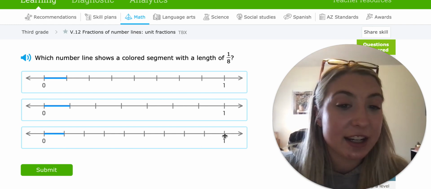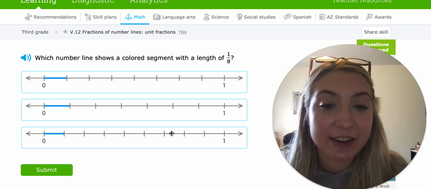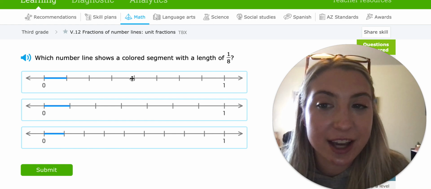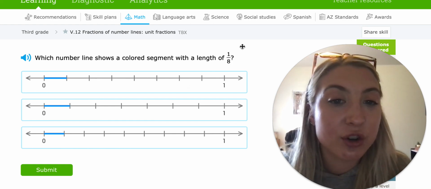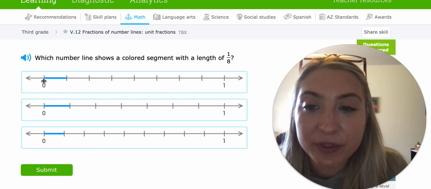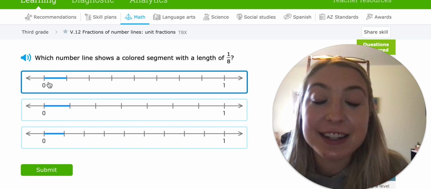And this one's divided into 9. So we count all the way to the 1. So we know that this is 7ths, and this is cut into 9ths. We're looking for 8ths, and we know this one is cut into 8 equal parts. And I look at the numerator, so 1 out of the 8 equal parts should be colored. So from line to line is showing 1 part out of 8, and it's colored.